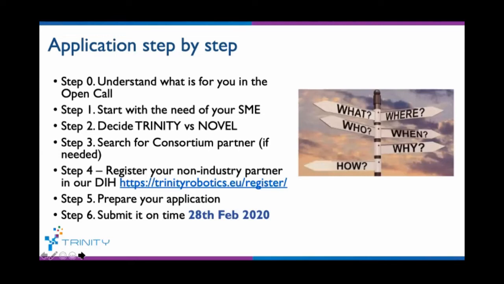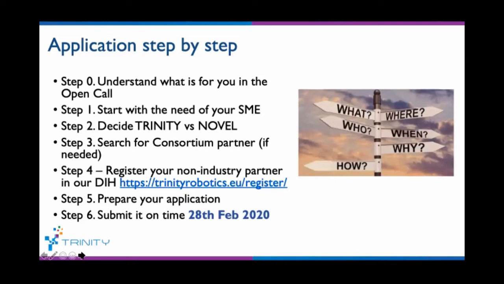Are you going alone to apply for this call, or are you willing to build a consortium? And this is the point here. If you want to build a consortium, because you don't have certain skills and competences to run the proposal that you are preparing in a successful way, you can register to our slowly building, growing Digital Innovation Hub. You're going to hear a little bit more at the end. Some of you have already registered, connecting with me via F6S.